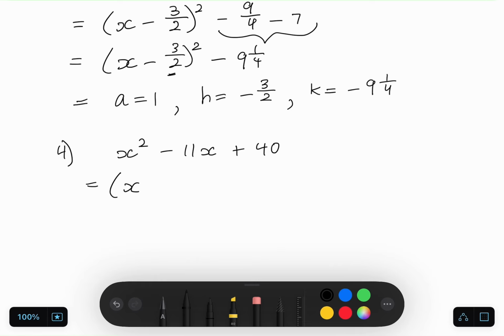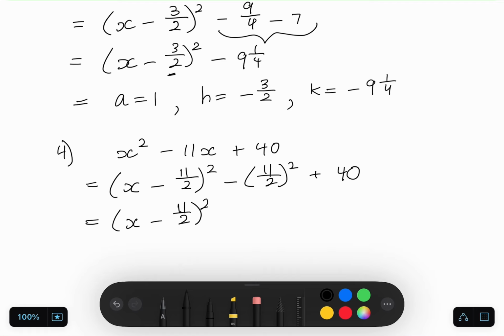I take x, I take half of 11, which is 11 over 2, all to be squared, and then I minus that 11 over 2 all to be squared, and then bring down the plus 40. I'm not doing anything with that as yet. And then I simplify. So this would be (x - 11/2) squared. Half of your job is done there. Minus, well, 11 squared is 121, 2 squared is 4, plus 40.